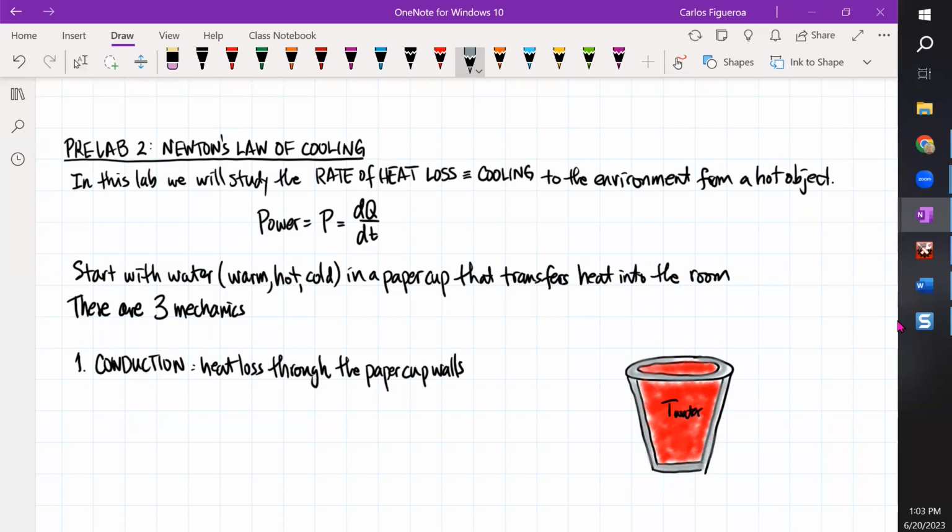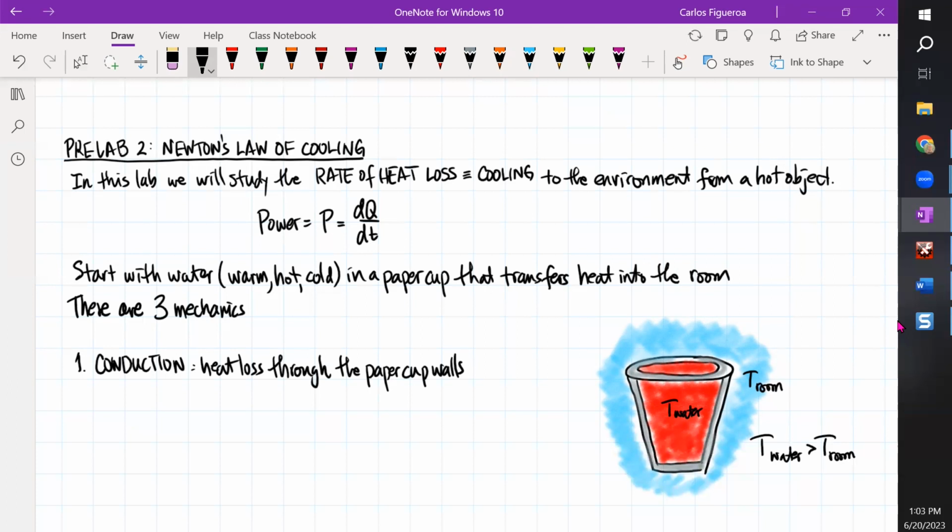And by the way, we should also say that out here is the environment or the room that you're doing this in. So when I'm looking at this, I'm going to have heat transfer because the temperature of the water, and let's say the temperature of the room, we expect here that the temperature of the water is going to be greater than the temperature of the room.